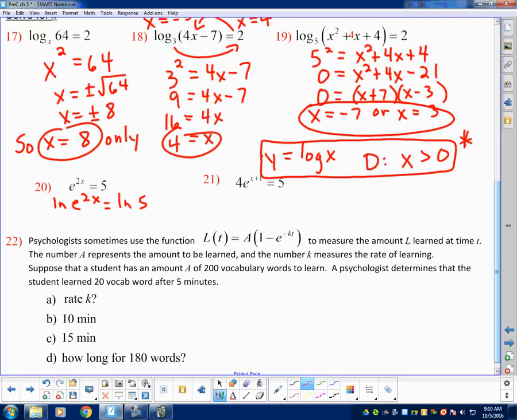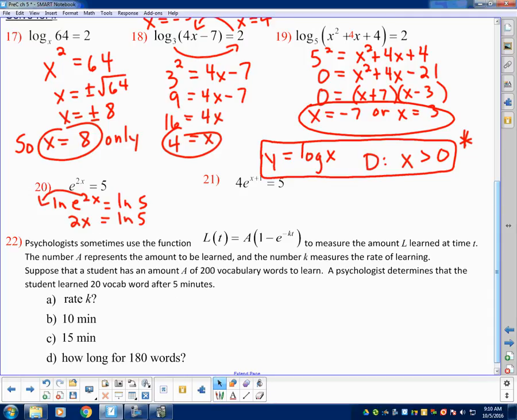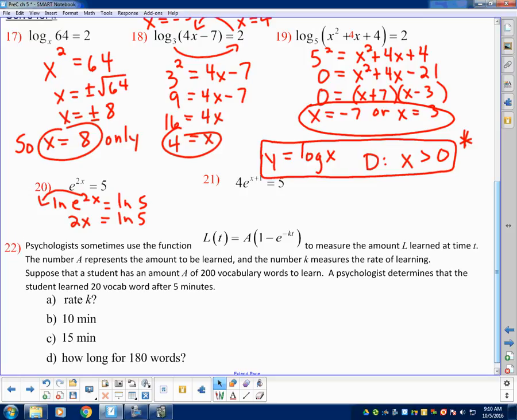It is 1, yes. And so if you want to, you can move the 2x out in front, and then ln of e is 1, so that disappears. And then one more step. X equals ln of 5 divided by 2.